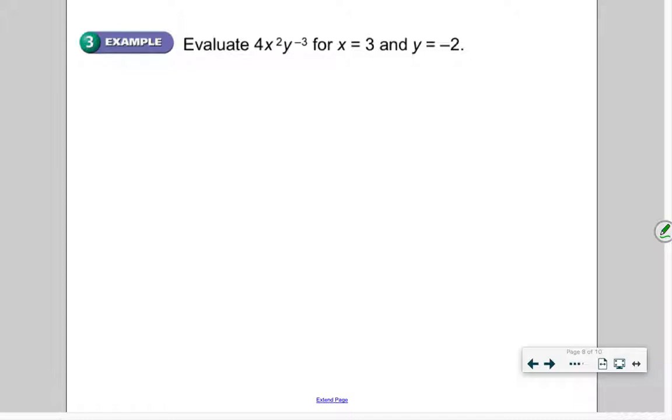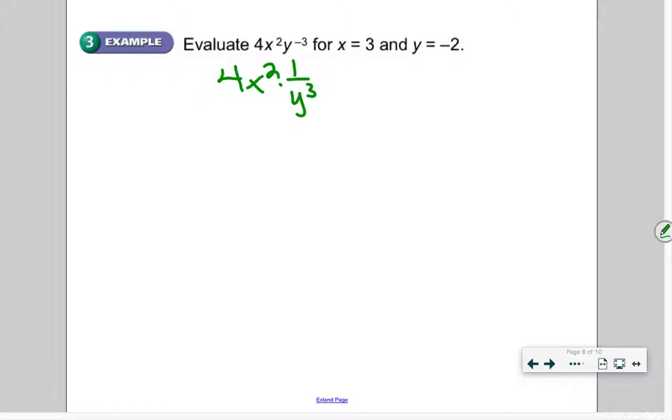Evaluate 4x squared y to the -3 for x is 3, y is -2. Do nothing yet. Okay? My suggestion to you is get rid of your negative exponents first. So rewrite this as 4x squared times 1 over y to the 3rd.